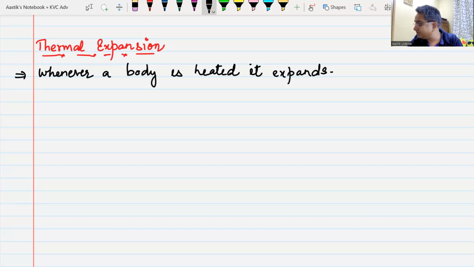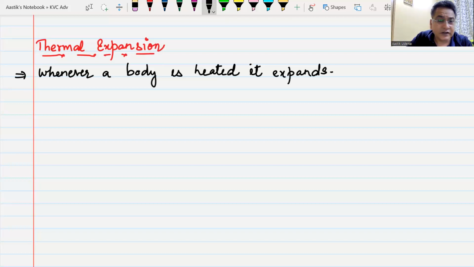And all of these bodies want to stay in a state of maximum stability, and the state of maximum stability is when the potential energy is minimum. Do we remember this from work, power, and energy? Yes, sir.